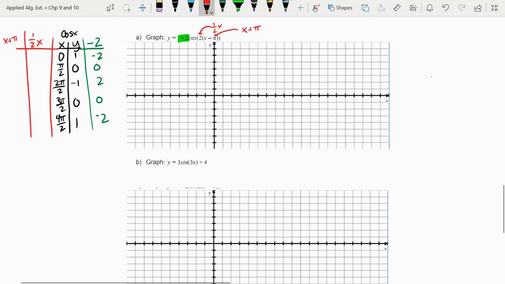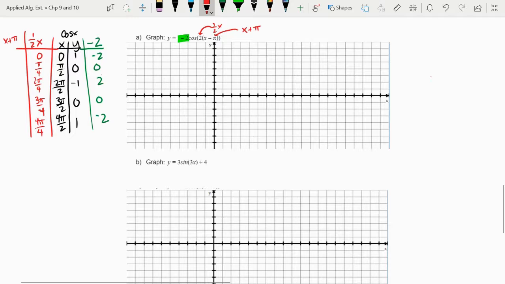So first thing I'm doing, I'm taking all the x columns, multiplying by a half. When they're fractions, we just multiply the denominator by 2. So this is still 0. This will be pi over 4, 2 pi over 4, 3 pi over 4, and 4 pi over 4. And it's up to you if you want to simplify them or not. I'm actually going to leave them.